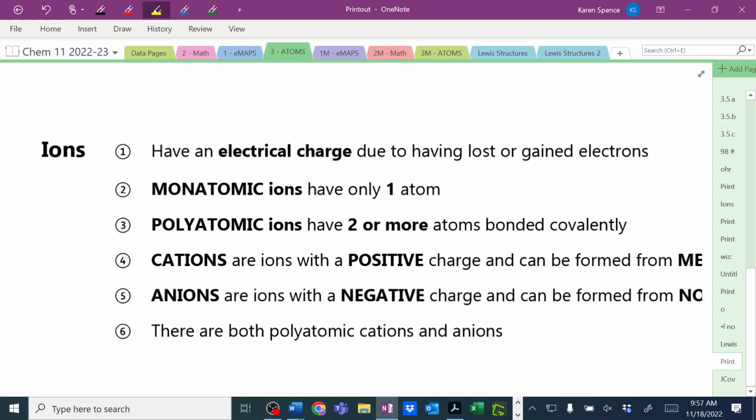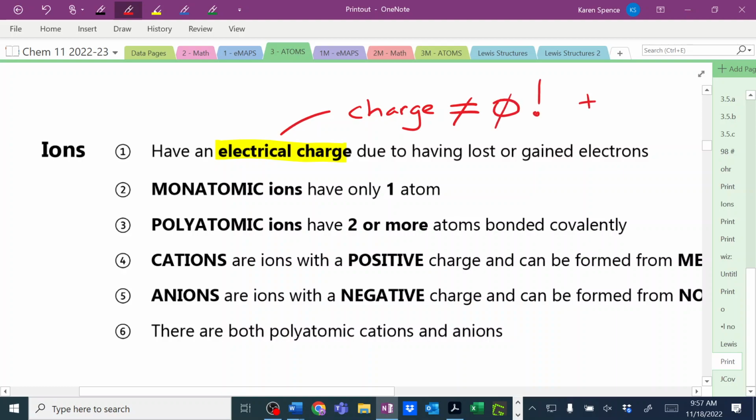Ions have an electrical charge, which means the charge does not equal 0. It's going to be positive or negative. It's either lost or gained electrons.